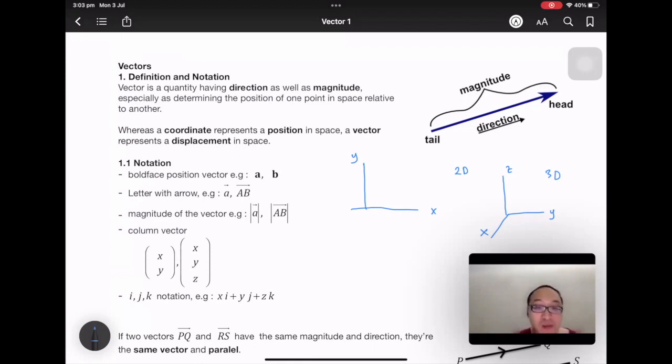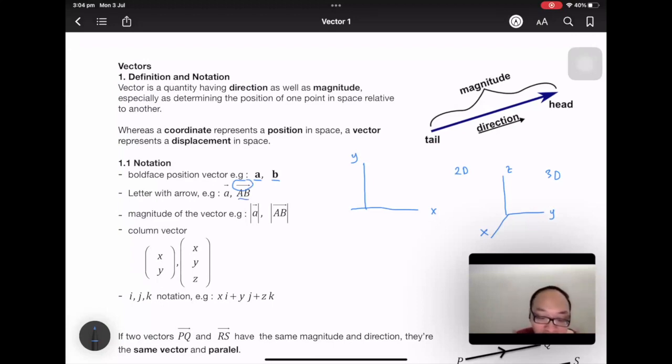we can express the vector in a bold lowercase letter. Vector a, position vector b, or we can express the vector in the form of an arrow on top of the name.